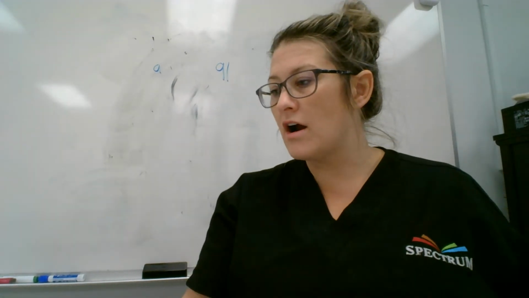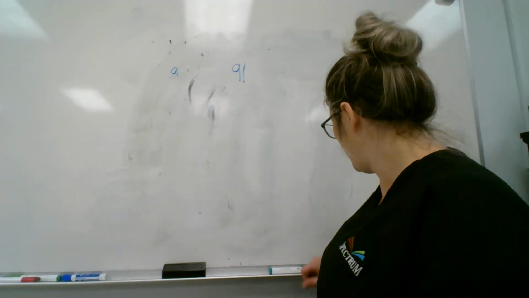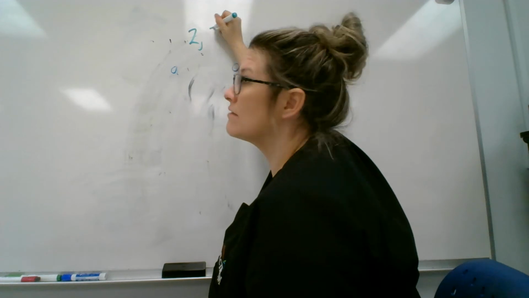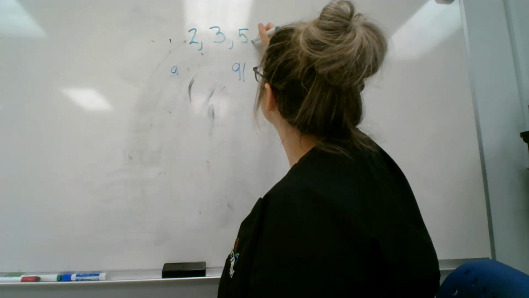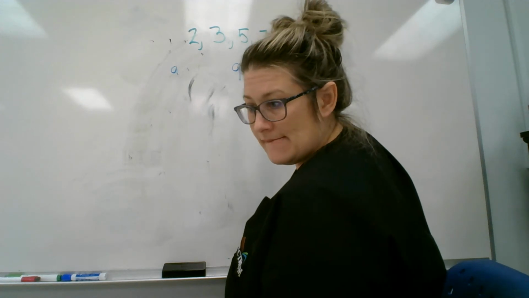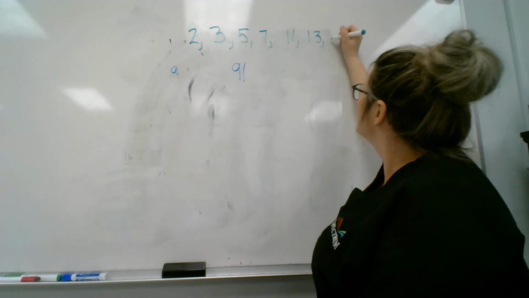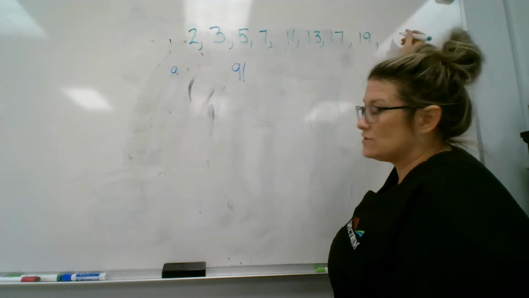The prime numbers they have listed for us are 2, 3, 5, 7, 11, 13, 17, 19, 23. I'm going to write those down. 2, 3, 5, 7, 11, 13, 17, 19, 23.